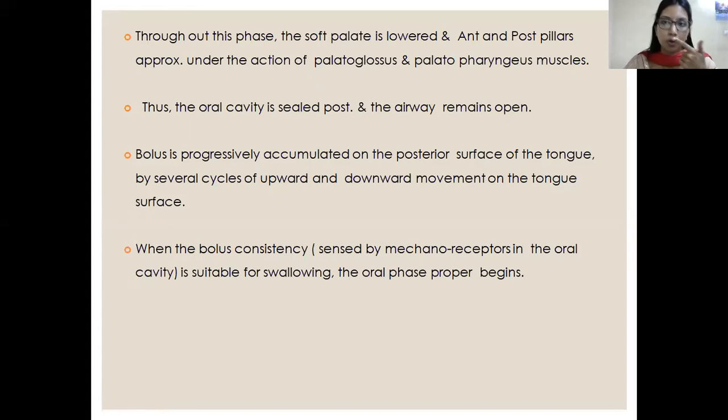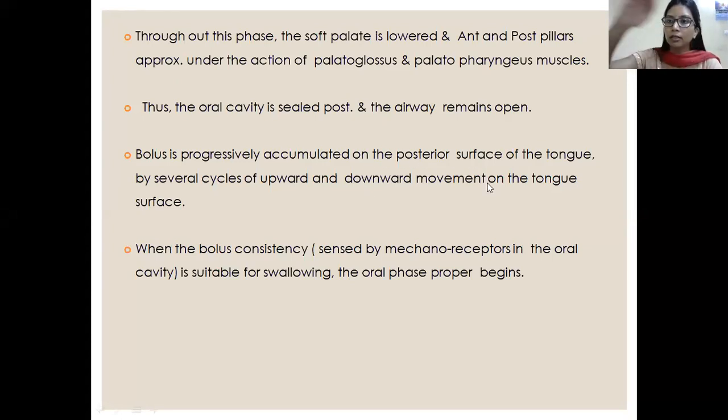So airway is from your nose behind. So once this oral cavity is sealed from the airway, even when you're chewing, you can take in a breath from the nose, which will go back through the nasopharynx and your oropharynx, because your oral cavity is separated from your oropharynx here. So the bolus is progressively accumulated on the posterior surface of the tongue.